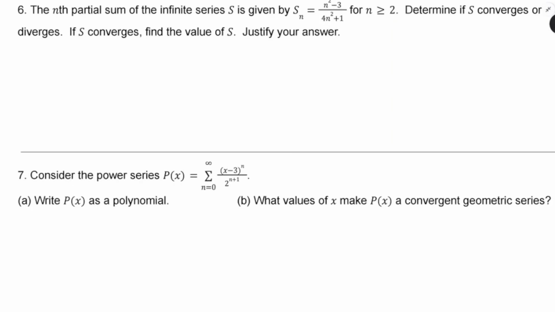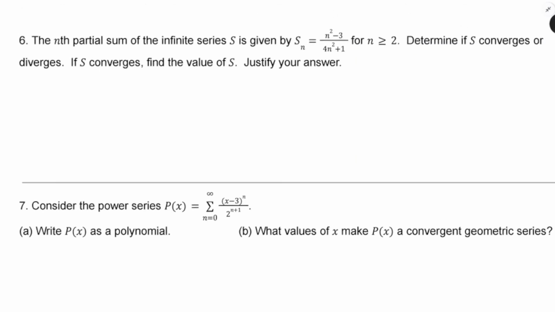Okay. Now here is one of the rare situations where we've got a formula for the nth partial sum explicitly in terms of n. Okay, determine if S converges or diverges. Okay, well, that's going to be determined entirely by whether or not the formula for Sn has a limit.